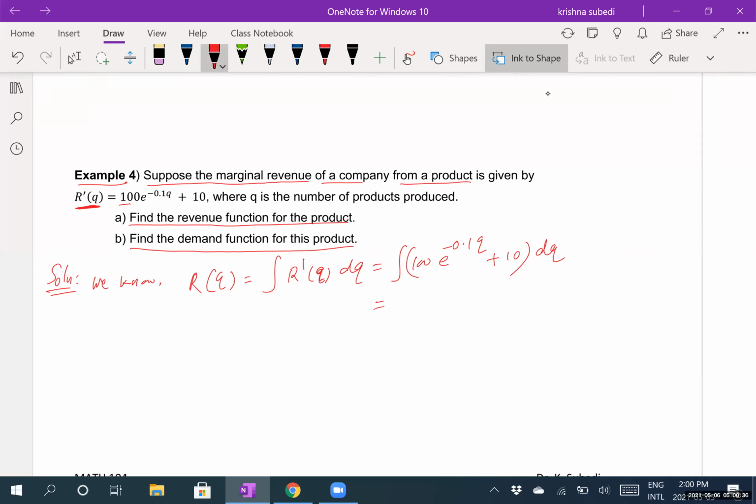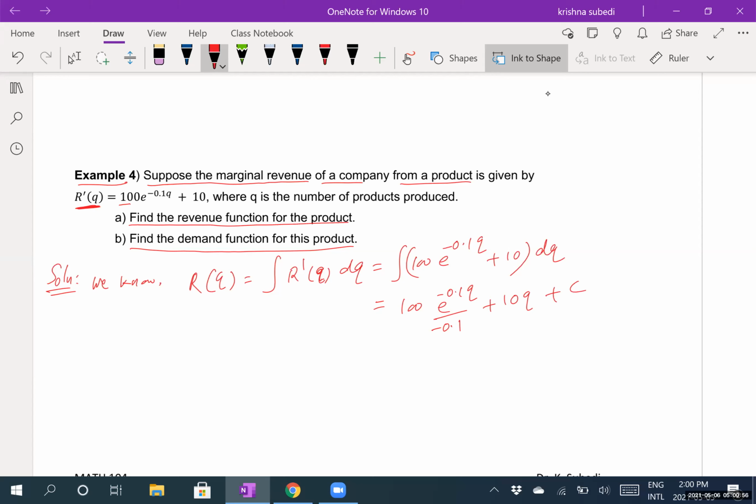So this means 100 we can write outside, and using the rule that we have discussed earlier, this will be e raised to power negative 0.1 q over negative 0.1 plus 10q plus c.